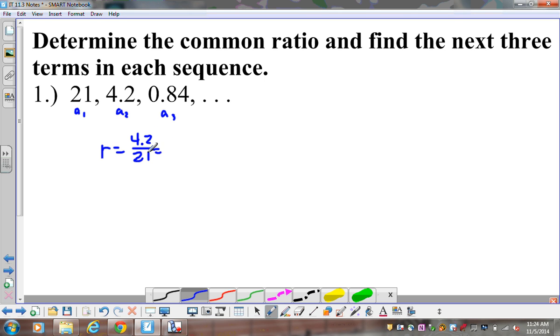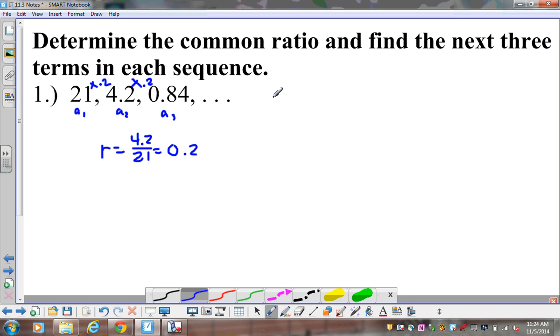So my second term divided by my first term, if I plug that into my calculator, I get 0.2. All right, so here my common ratio, just like that example we just looked at, is 0.2, which means if I took 21 and multiplied it by 0.2, I get 4.2. If I take that and multiply it by 0.2, I get 0.84, etc., etc., etc.